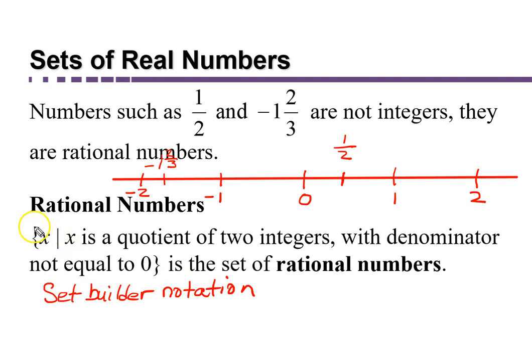Where we have a brace, and we read it, x is such, this vertical line is such, that x is a quotient, that is a fraction, of two integers with the denominator not equal to 0. This is a set of what we call rational numbers.